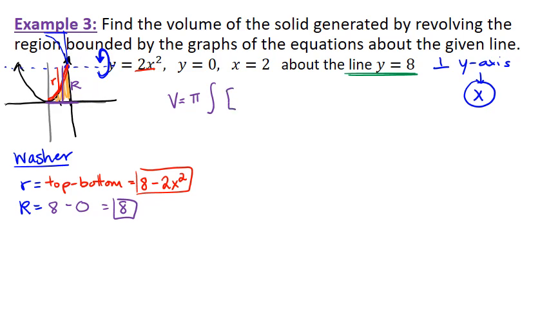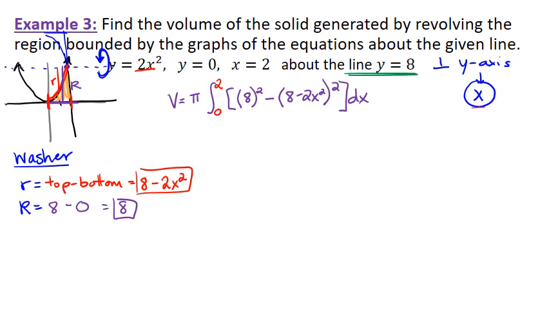Big R is 8, so 8 squared minus little r, which is 8 minus 2x squared, dx. Now I need to identify my limits of integration. Everything is in terms of x, so I'm going to integrate from 0 to 2. So my limits of integration are 0 to 2.